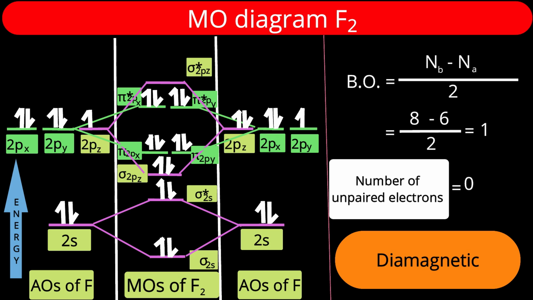Energy increases relative to the respective atomic 2s orbitals. Entry of an electron in sigma 2s will help bonding, and entry of an electron in sigma star 2s will oppose bonding. If an equal number of electrons are there in bonding and antibonding, assistance and opposition will be to an equal extent. So the net result will be 0.